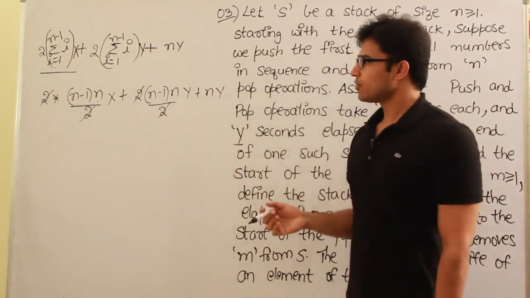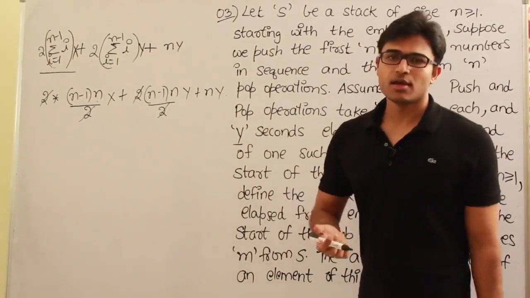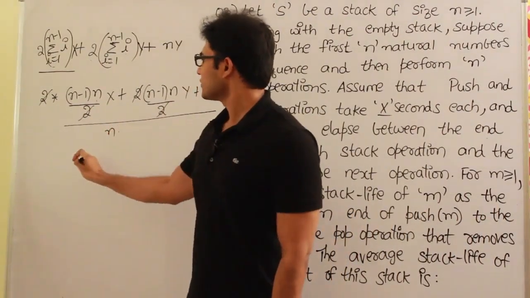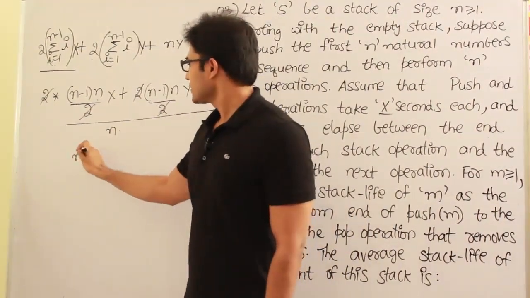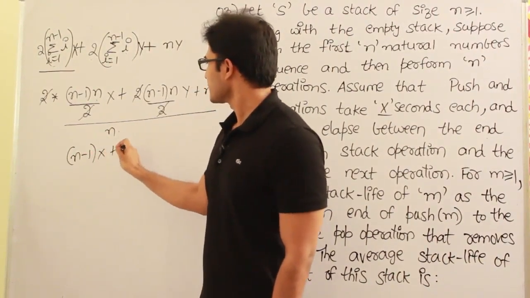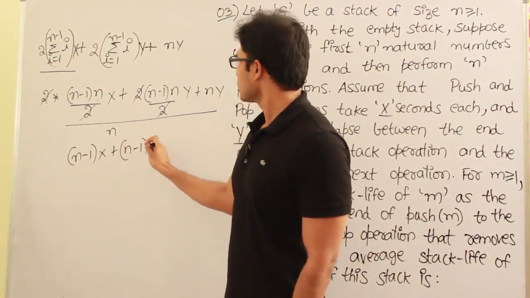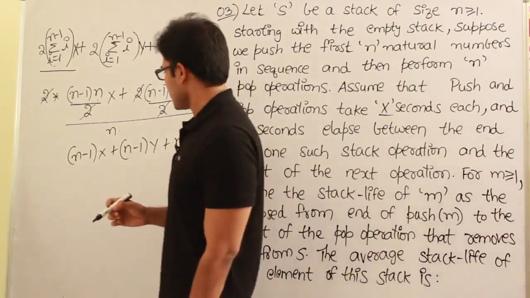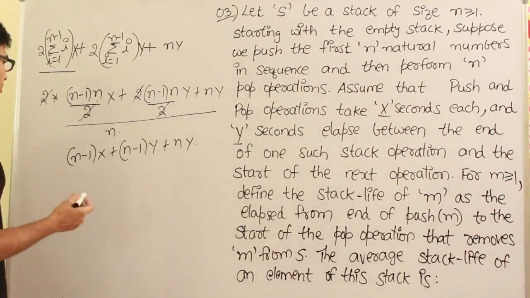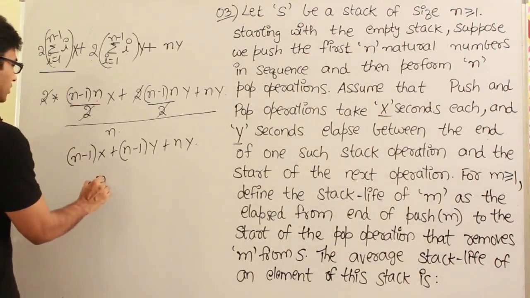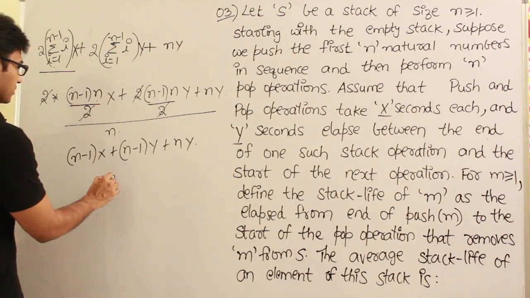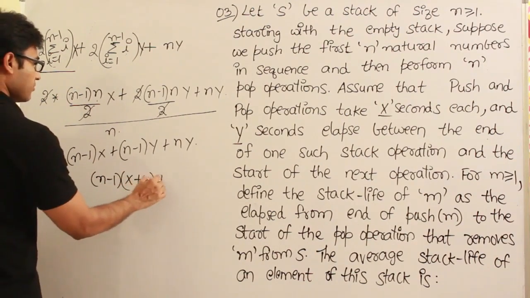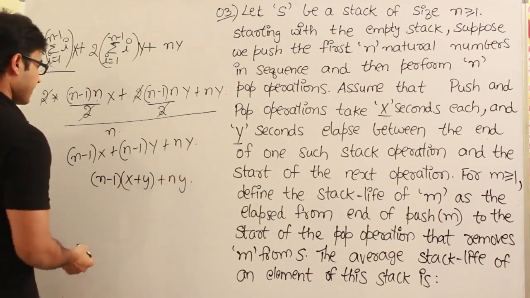Now after finding it out, you are supposed to find what the average is. Average means you have to divide this by n. So if I divide it by n, then the answer is going to be n minus 1 into x plus n minus 1 into y plus ny, right? And maybe if you try to solve it, it is going to be n minus 1 into x plus y plus ny, right?